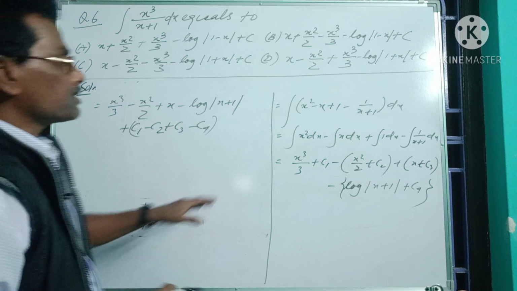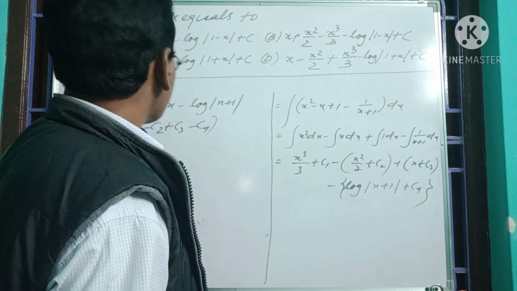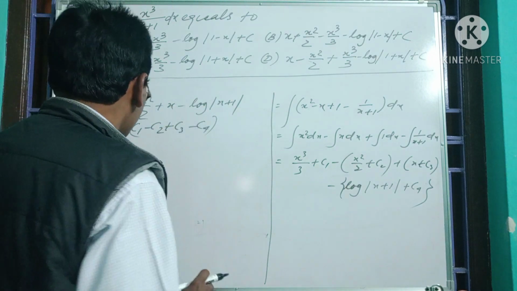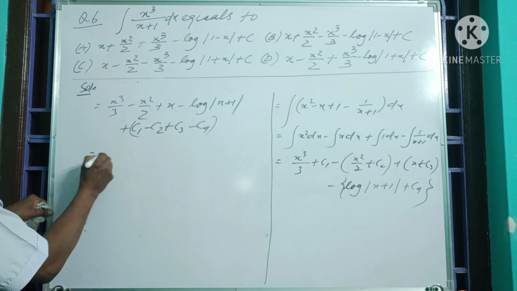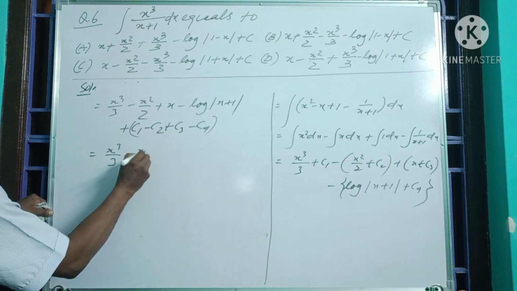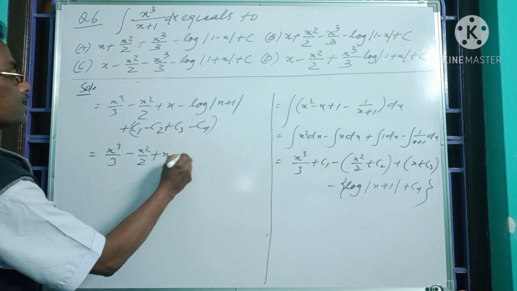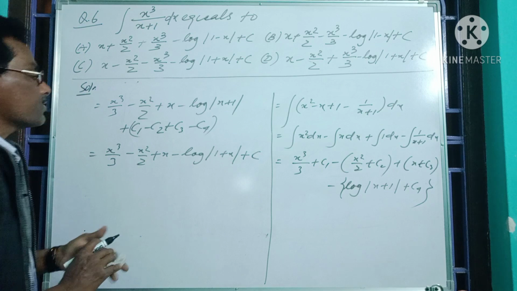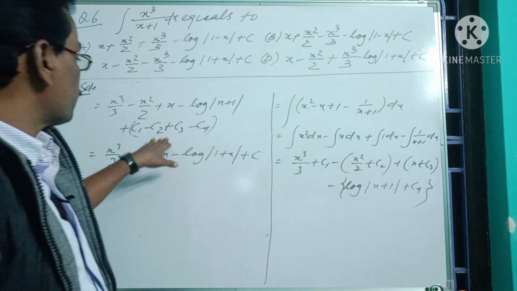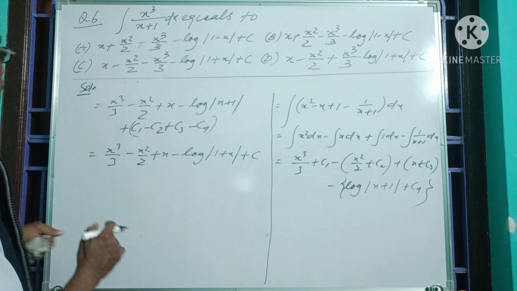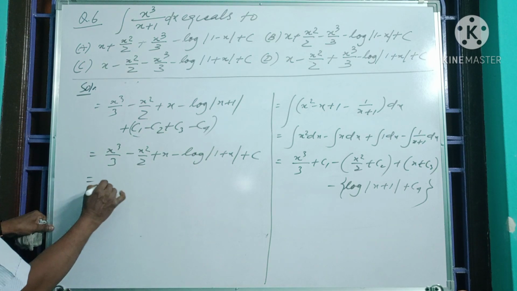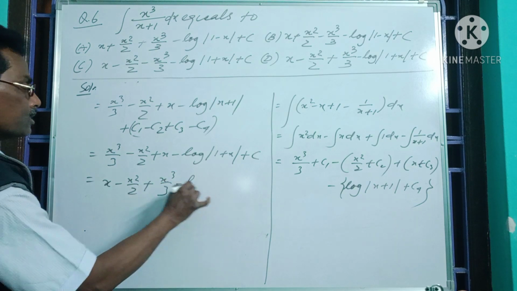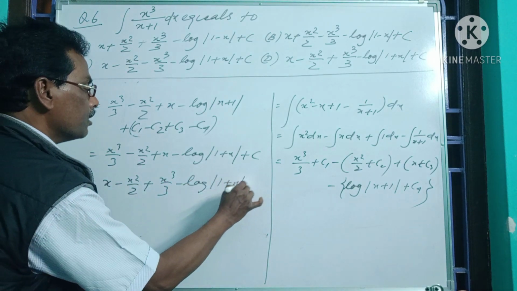So we have 4 constants of integration. Finally simplifying we have x cube by 3 minus x square by 2 plus x minus log of mod of 1 plus x plus c, as one constant of integration in place of c1 minus c2 plus c3 minus c4. Again simplifying, x minus x square by 2 plus x cube by 3 minus log of mod of 1 plus x plus c.